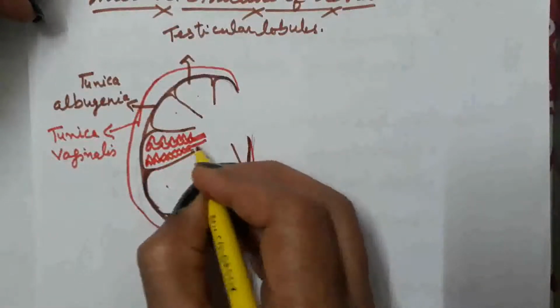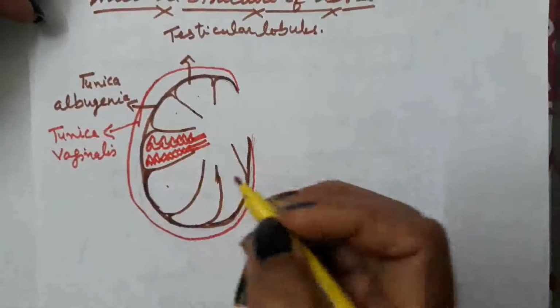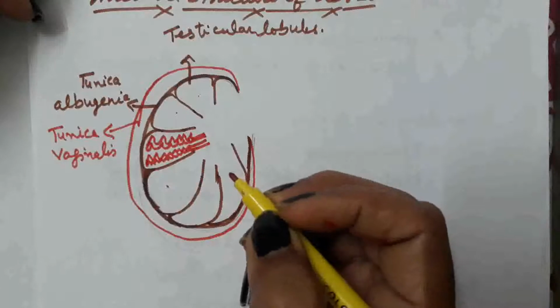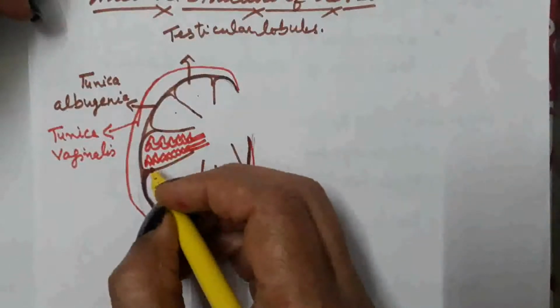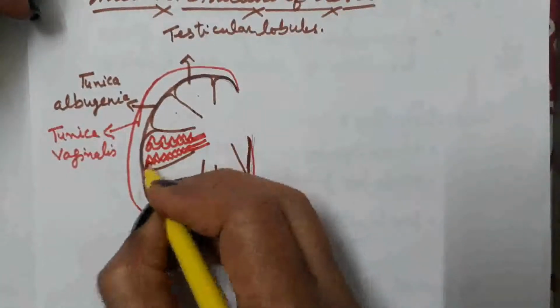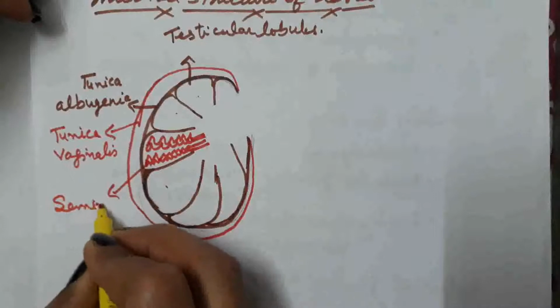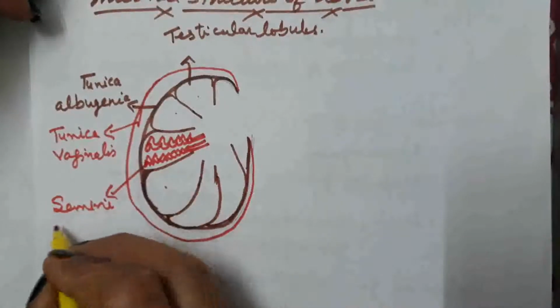At the end, this coiled tube becomes straight. These coiled structures which are present inside the testicular lobules are known as seminiferous tubules.